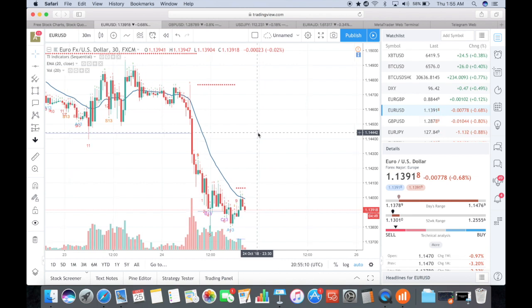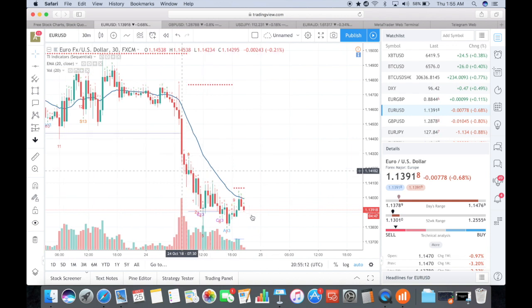So what we do is we see the current price, and if we're looking for demand zones, we should look left and below the current price.